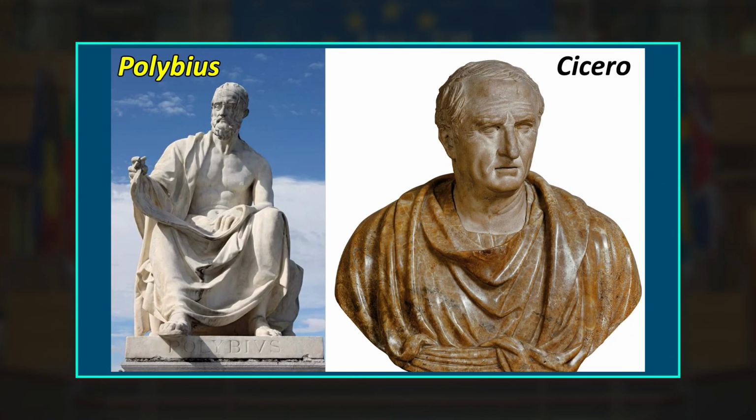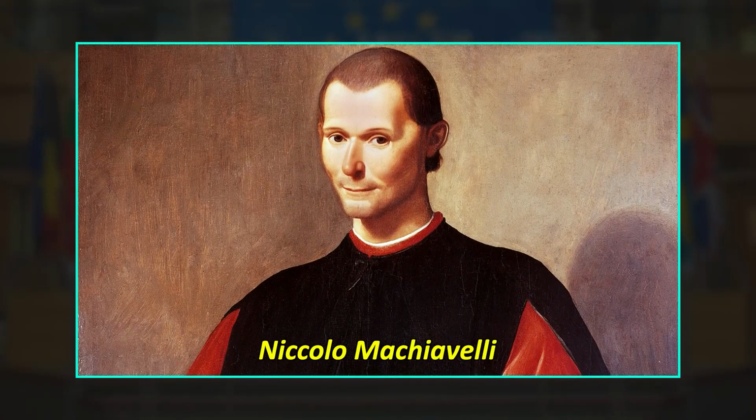These Aristotelian categories were acknowledged and taken up by Romans such as Polybius and Cicero, who considered them in formal and legalistic terms. Concern for comparative study of regime types reappeared in the 15th century with Machiavelli.